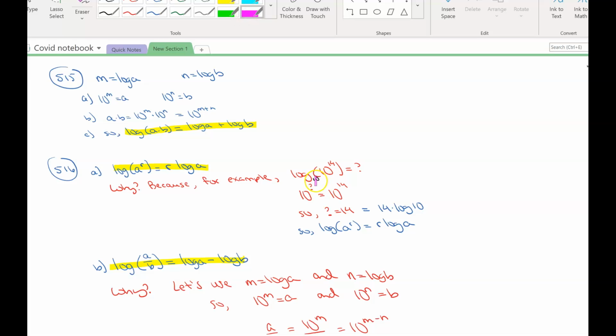Well, obviously, if you want to take the base of 10 and raise it to a power to get 10 to the 14th, that's just going to equal 14, okay? And that is the same thing as taking this 14 and swinging it out in front, which is 14 times log base 10 of 10.